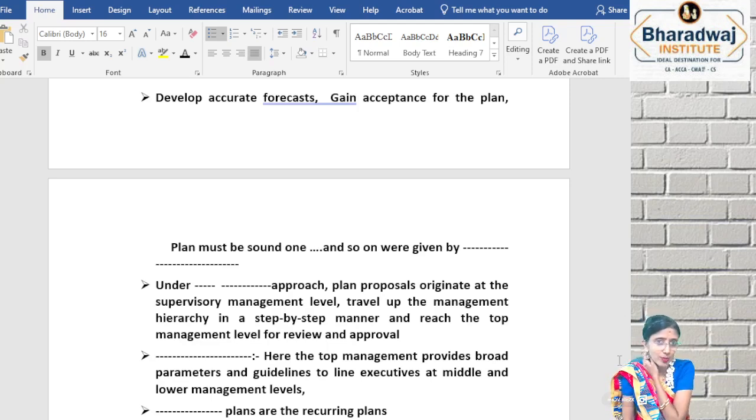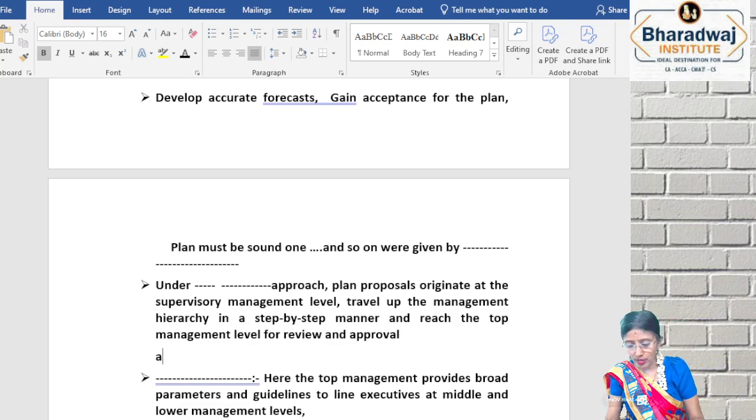Under dash and dash approach, proposals originate at the supervisory management level, travel up the management hierarchy in a step-by-step manner, and reach the top management level for review and approval. I will give you the options for it being a non-technical one. For technical, unless you study, there is no point giving. So here, top-down approach is one. Bottom-up approach is one.